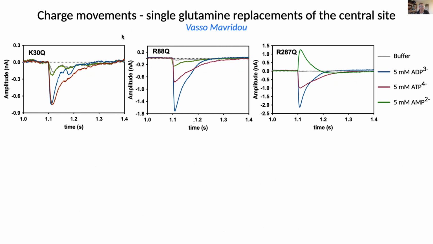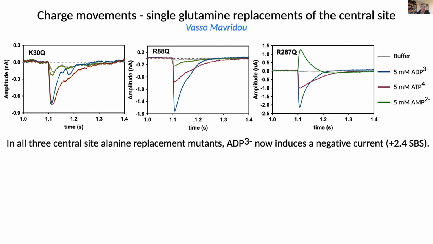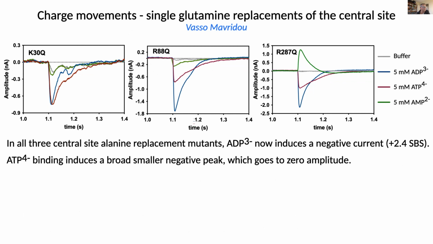Now, if you change the mutations from alanine to glutamine, we get very similar results. It shows that these effects are mutation independent. And again, also here you see that the ADP peak is now turned negative, for the reasons I've explained, which proves that these positive charges are involved in these charge compensations.